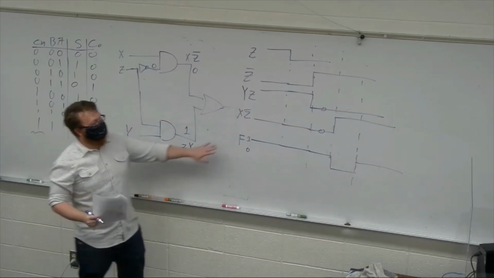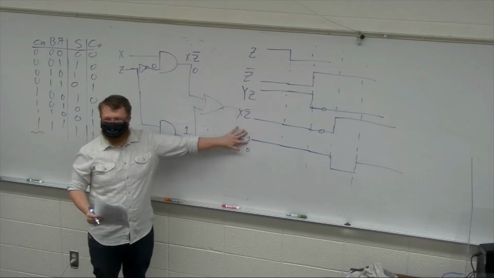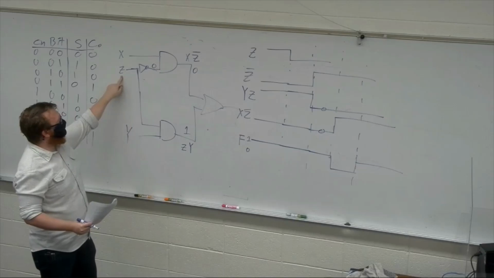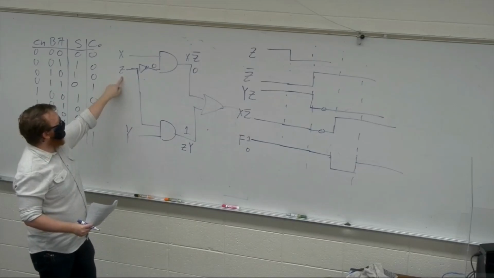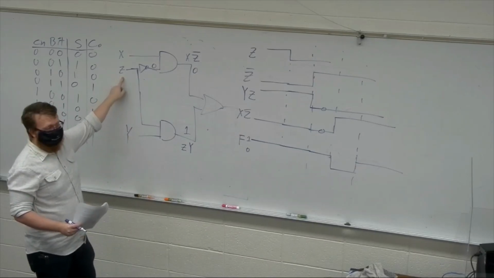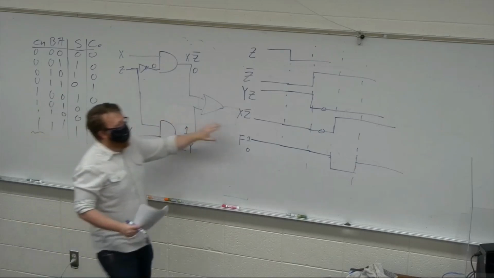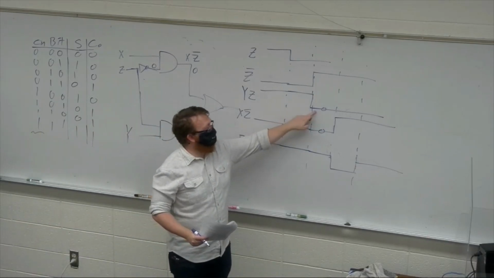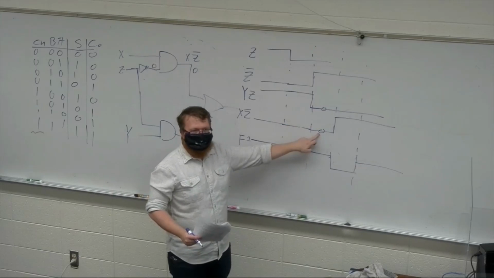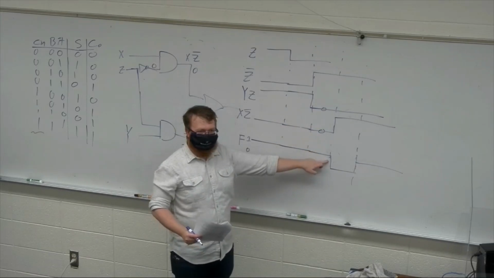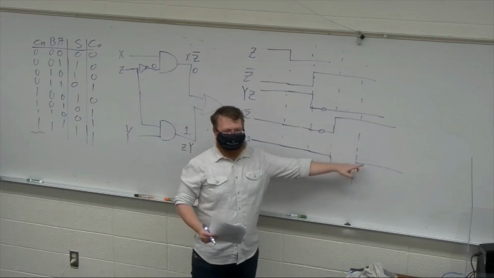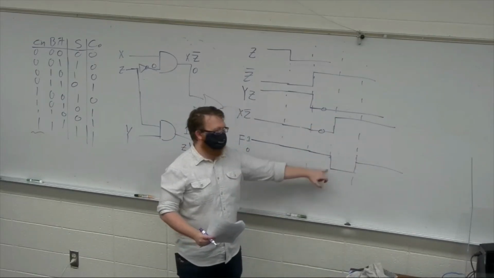Right? So it's supposed to stay 1, because whether Z or Z bar is true, it's going to be 1. But we get this 10 nanosecond window where they are both false, which 10 nanoseconds later propagates to the output, and then they change back, and 10 nanoseconds after that, it's fixed. This is the static 1 hazard.